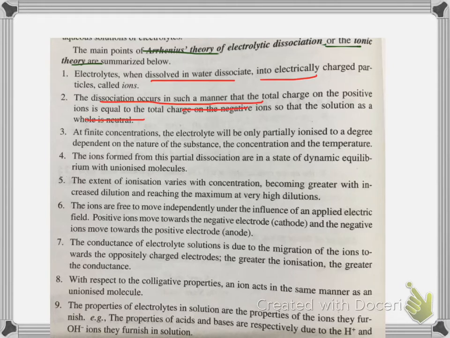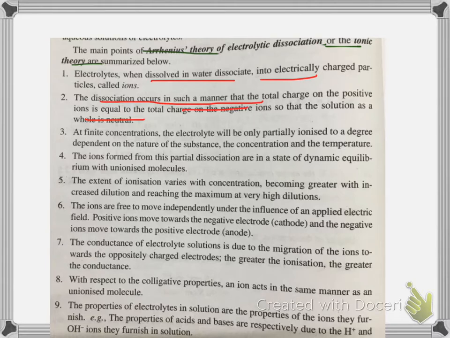If we take 1 mole of NaCl as electrolyte, when it is dissolved in water, we will get 6.02 × 10^23 Na+ ions and 6.02 × 10^23 Cl- ions. The total charge of negative ions and the total charge on cations, or Na+ ions, are equal. Then the NaCl solution remains neutral.